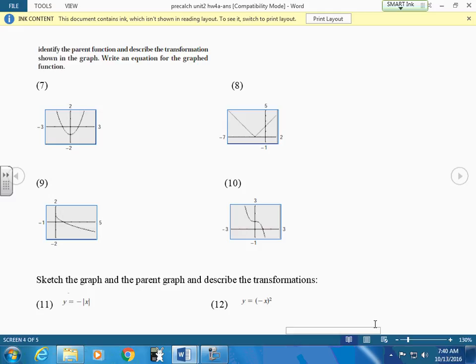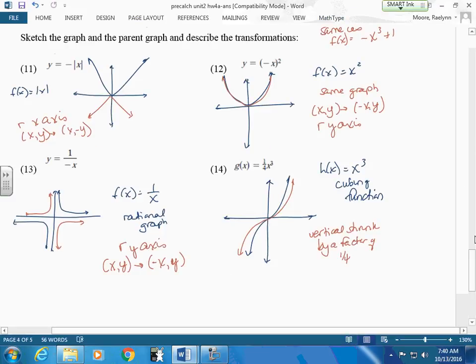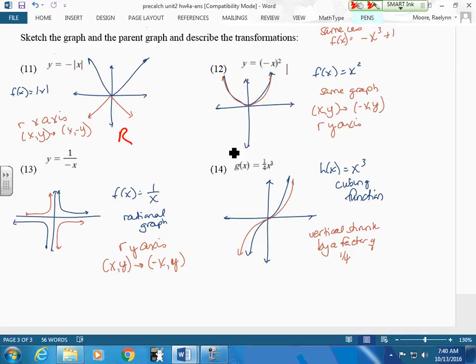Negative infinity to 0. But a reflection in your y-axis keeps that graph the same.